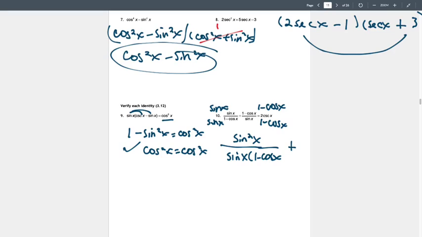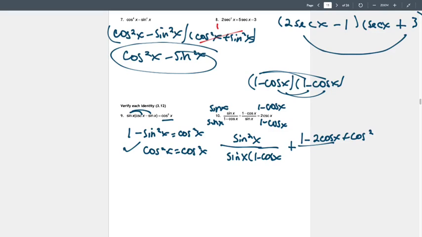And on the right-hand side, now remember, these are not a difference of squares. So you've got to think about how you're doing 1 minus cosine x times 1 minus cosine x, and you have to distribute all the way through there. And so it ends up being 1 minus 2 cosine x plus cosine squared x, all over that common denominator.